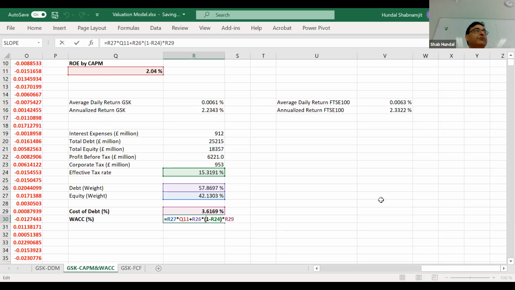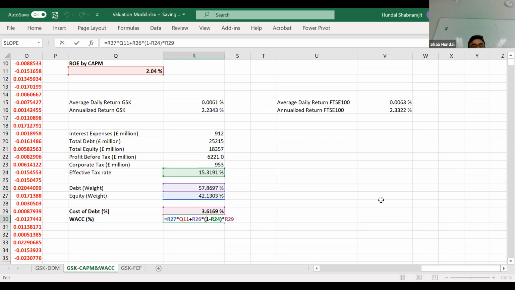Debt holders get interest, equity holders get dividend, right? But dividend is paid after tax is paid, while interest is paid before tax is paid. So basically your interest payments are tax subsidized.